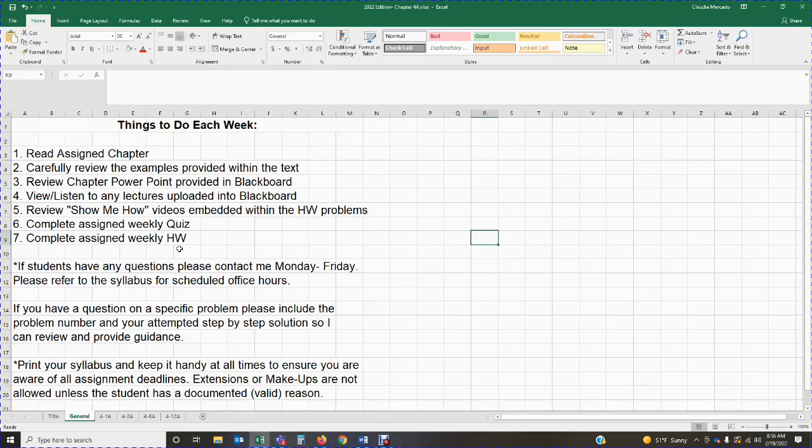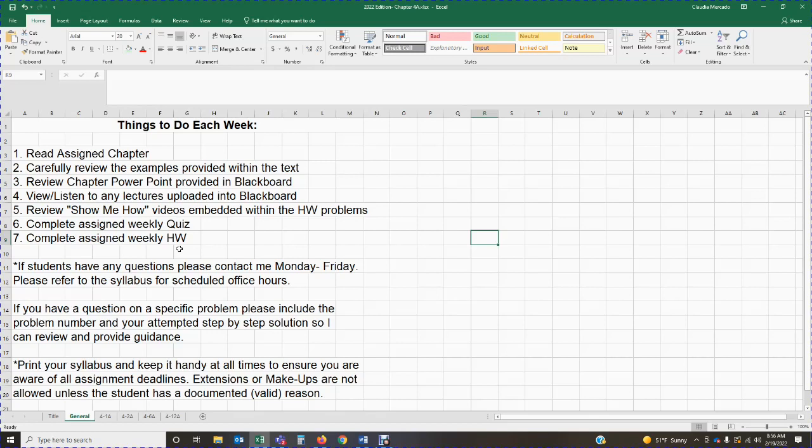Lost where? What problem? What exactly are you having issues with? I need a little bit more detail than "I'm lost," okay? So please make sure that you include the problem number and your step-by-step calculations that you're trying, based on the examples provided and what you've read. What are you doing to solve this problem? Okay, I want to see you try, okay?